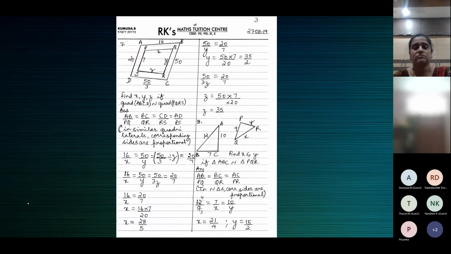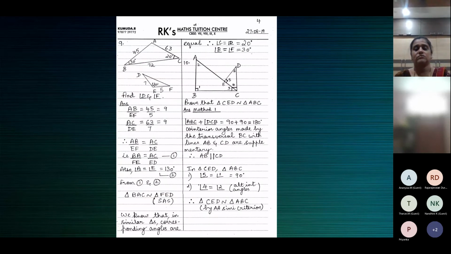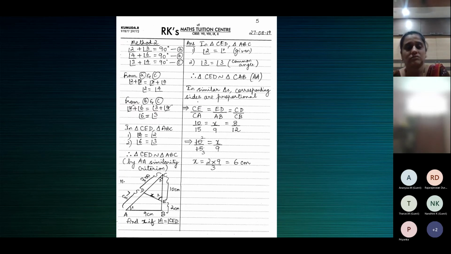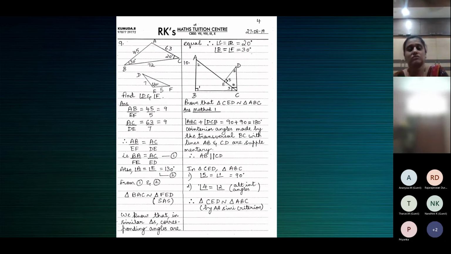So again, this is important, children. I've done both the methods. Since it's time, children, just take a screenshot and complete it. You can see method 1 here.